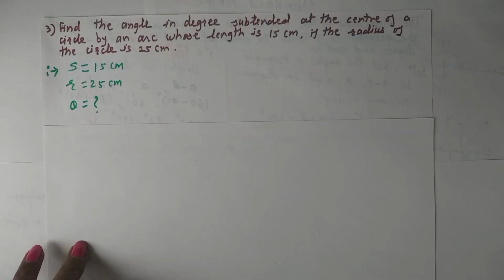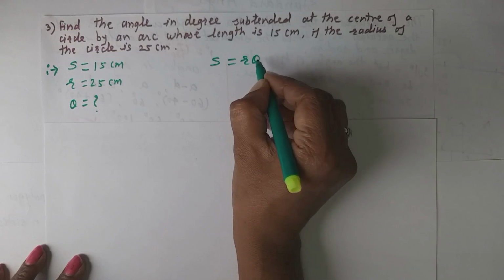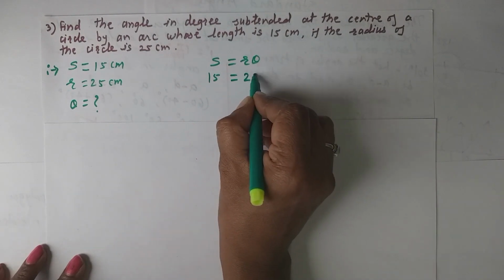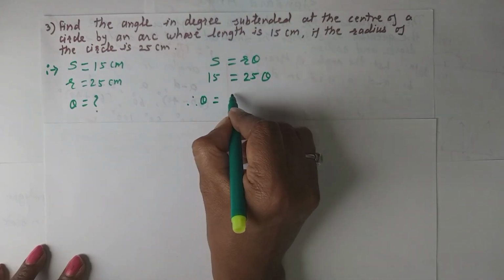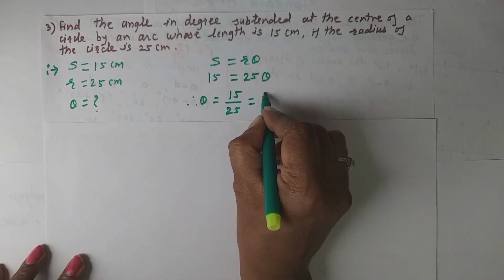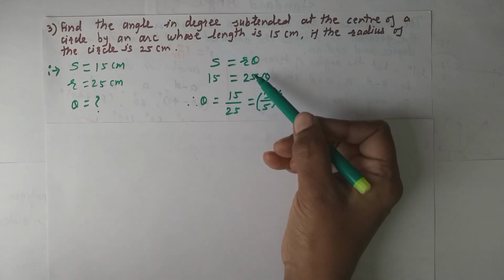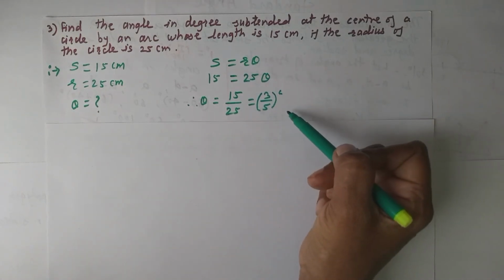You write down here the formula S is equal to R theta. Then you keep the value of S 15, R is 25 and this is theta. Then what will be theta? Then theta will be 15 divided by 25, that is 3 divided by 5 radians. You remember that theta in the arc length formula is always in radians.